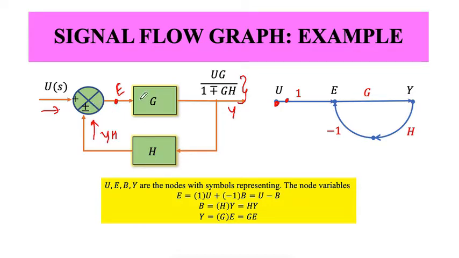So I add another node, B, and I can go from here to here. I can also go directly. I will just clear it once.